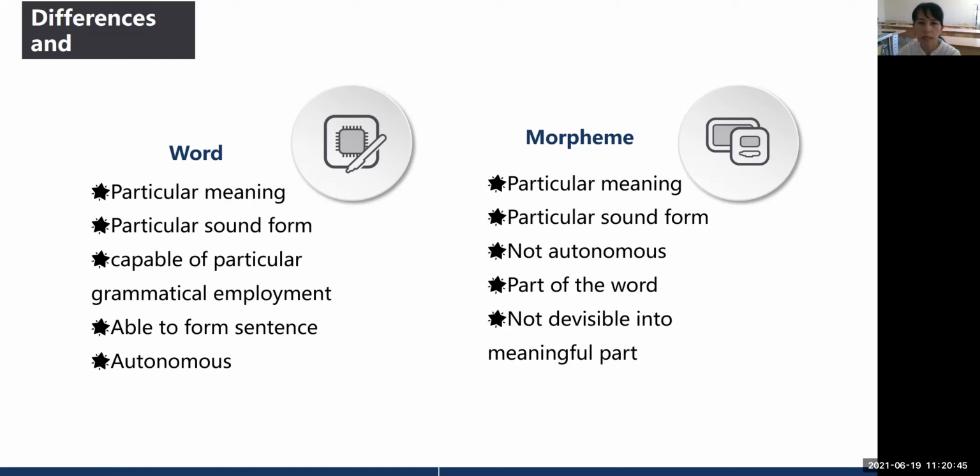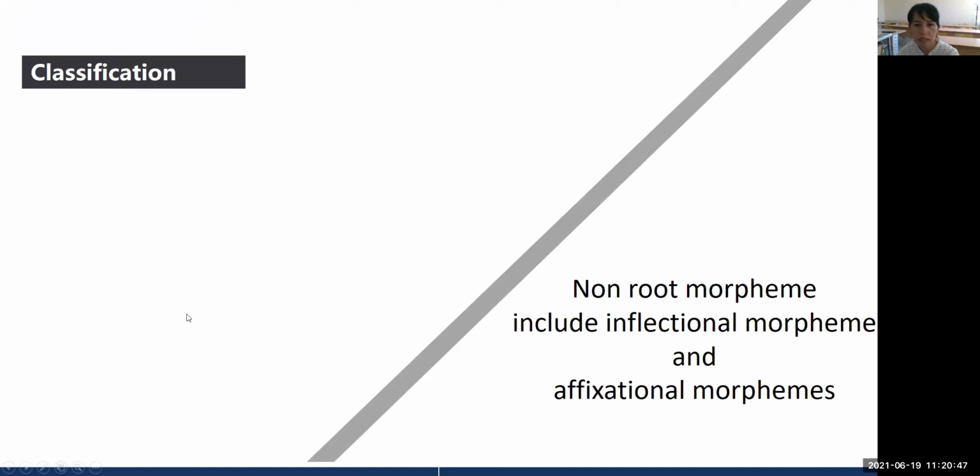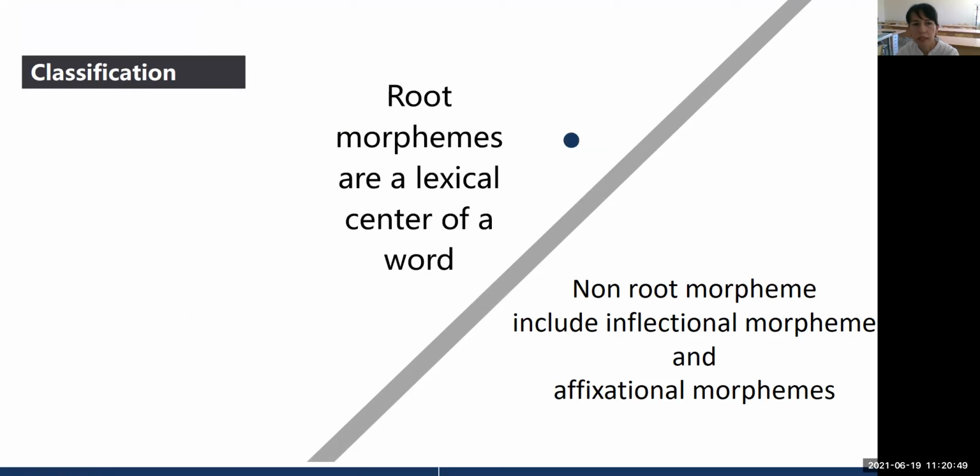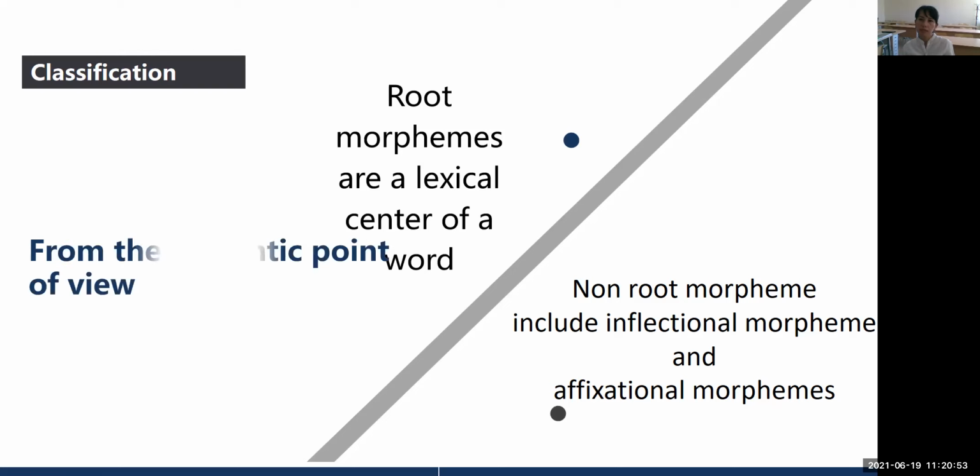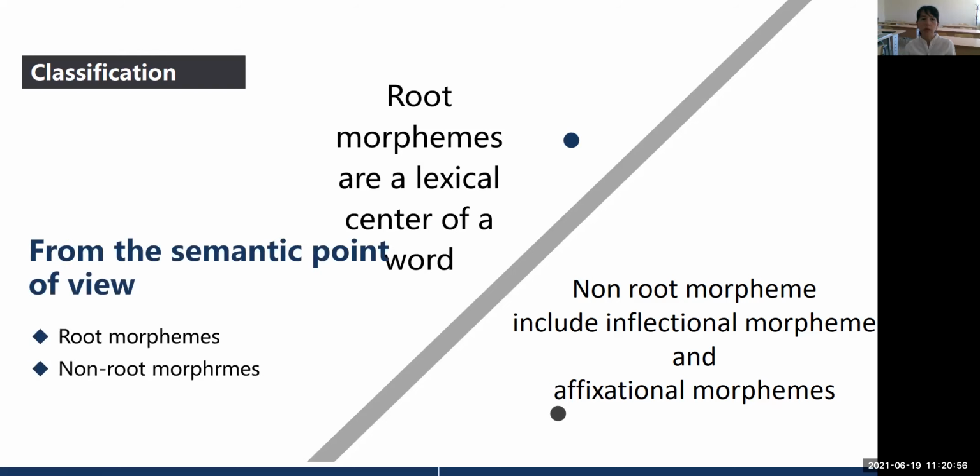Now let's move on to the next topic: the classification of morphemes. Students, morphemes are classified from different points of view. Morphemes are classified from a semantic point of view and a structural point of view.